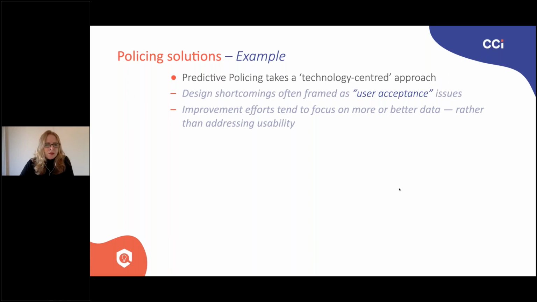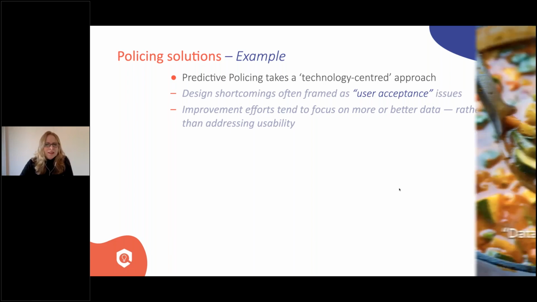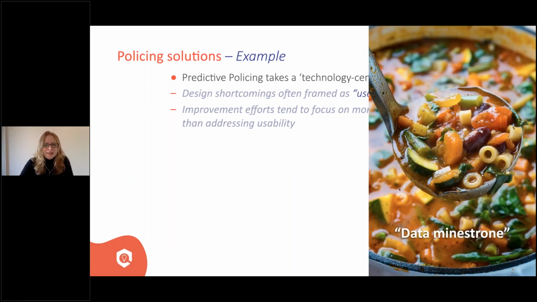What we also noticed was that when it comes to improvement, the focus tended to be on more data rather than on addressing some of these usability issues. And we like to liken this to the data minestrone approach, where when you want things to be better, you put more in, in the hope that it will improve the flavour.